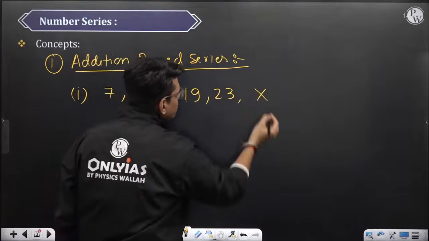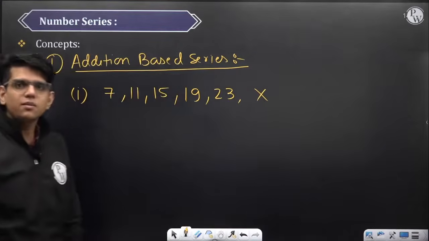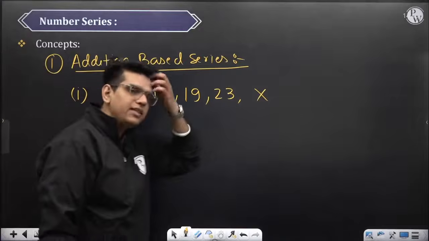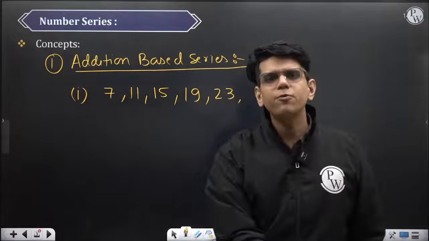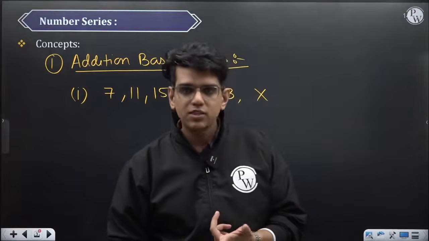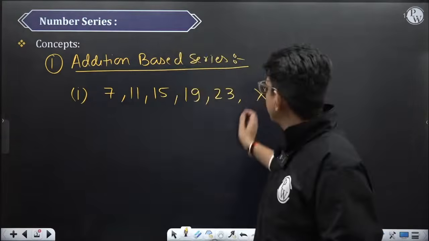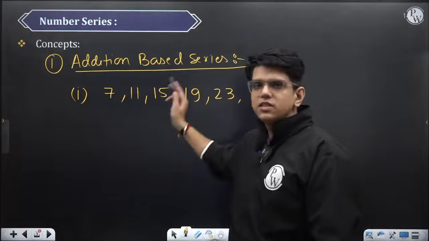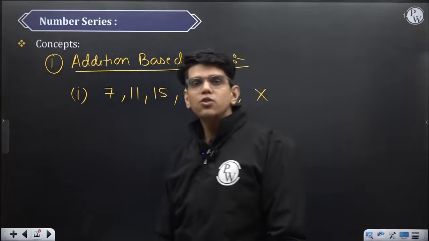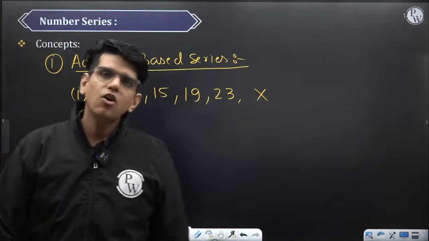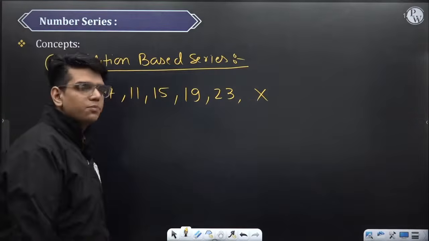In each case we will find the next term of the series. In series questions, there are two or three types of questions possible. They can ask you the end term of a series, one missing term, one wrong term, or which series is the odd one out. We will see examples of each.